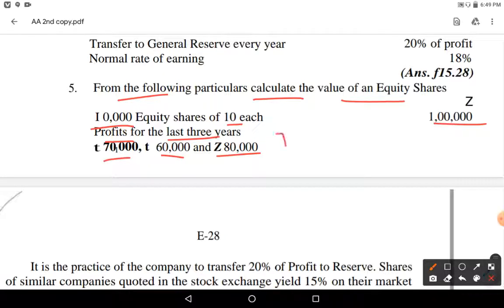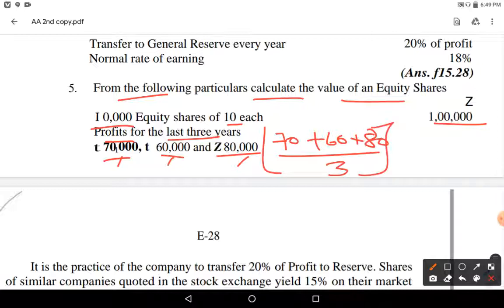If you do the average, 70 plus 60 plus 80 divided by how many are there? 1, 2, 3. So 3. I am going for a simple average because from the first year to the second year profit decreased, and from here it increased. When profits are increasing and decreasing, we do the simple average. You will get 70,000 as average profit, before tax or after tax, whatever it may be, we will see.